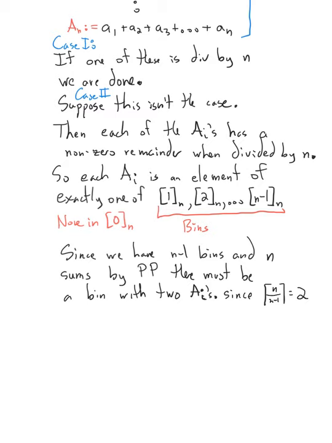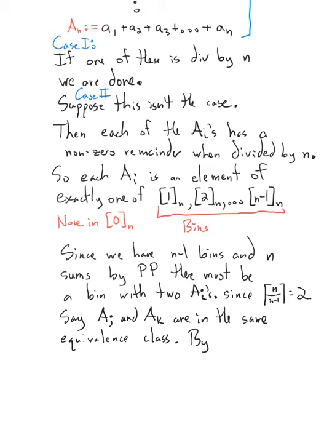All right. So what's going on here? Let's say AJ and AK are in the same equivalence class. Well, remember what it means to be in the same equivalence class mod n.